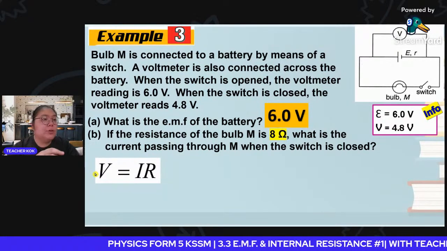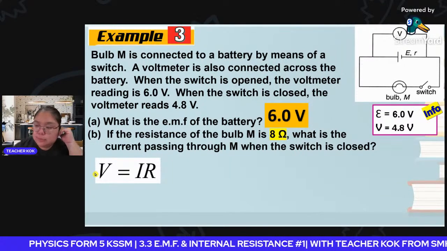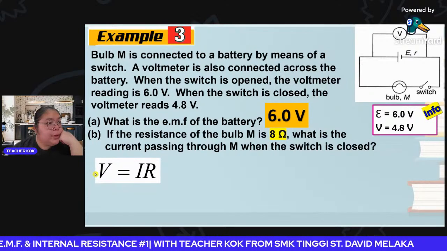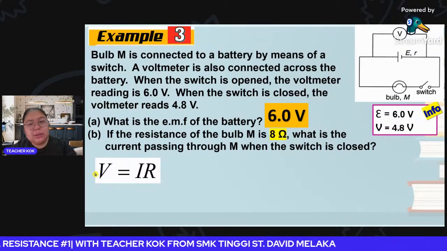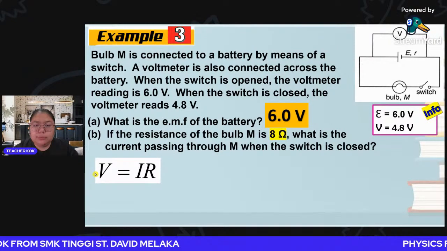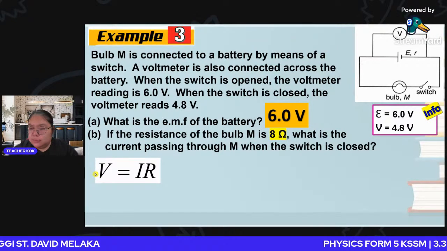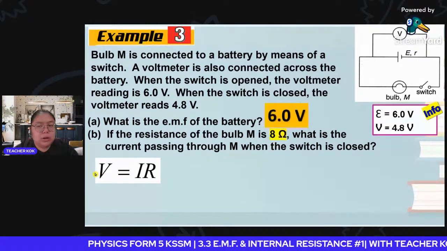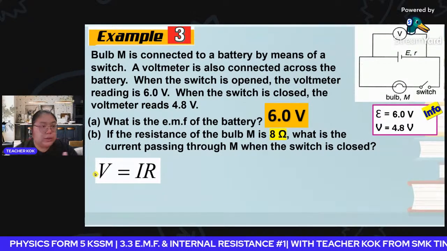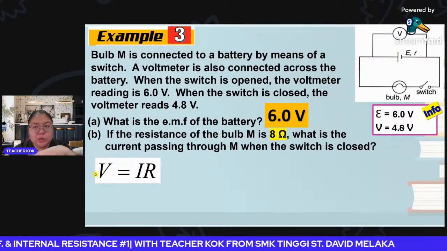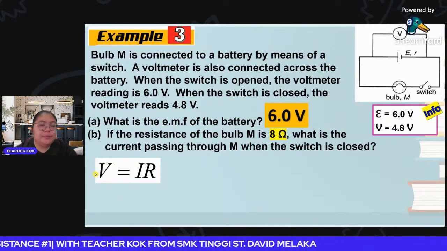Okay, just a simple question. Okay, we wait for the student to answer this question. I think there's no problem for you all. V equal IR. So you know what is the V. Which one should be the V? Then R, which one should be the R?